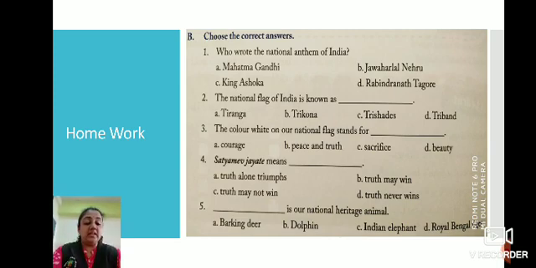Our national anthem is Jana Gana Mana, which is written by Rabindranath Tagore. Our national song is Vande Mataram, which is written by Bankim Chandra Chatterjee in Sanskrit. And our national emblem is the lion capital, which is adopted from the Ashoka pillar at Sarnath.